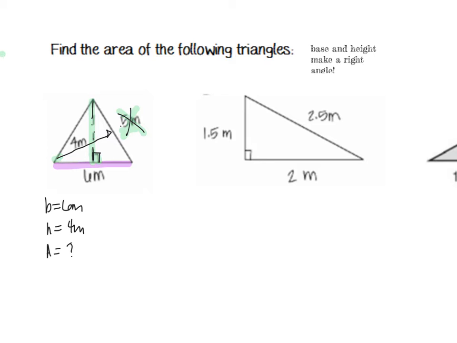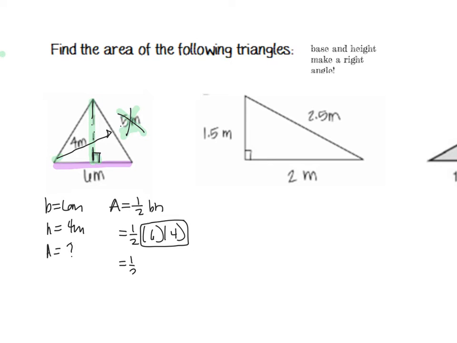what the base is. So we always start with the formula, the 1/2 base times height. So we start substituting in what we know. We know that it's 1/2 of 6 times 4. And when I multiply this, I can choose whatever order because of the commutative property. I could choose, but in this case, I'm going to go ahead and do my whole numbers first.